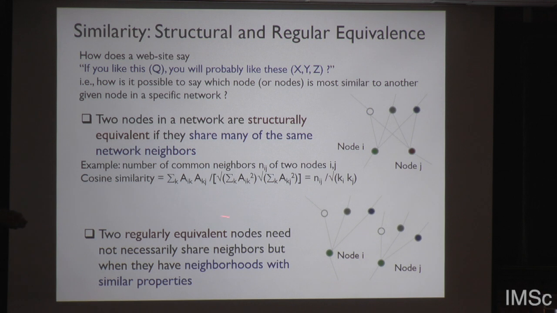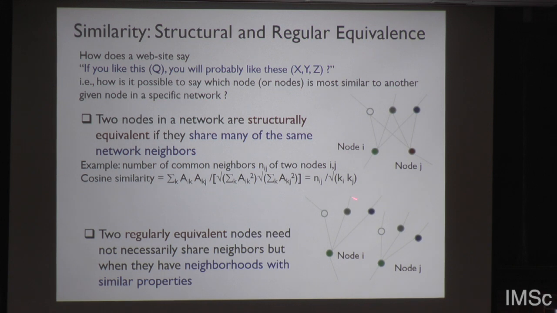So this could be measured by a measure like the cosine similarity, where you're just asking how many common neighbors do I have divided by the square root of the product of the total number of connections that one node has and the other node has. Okay?